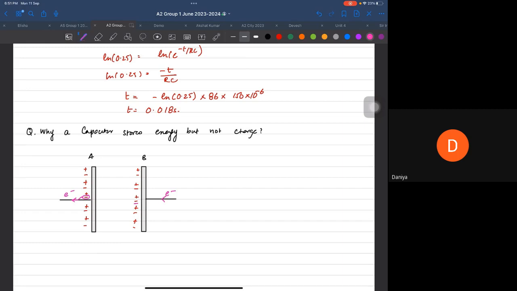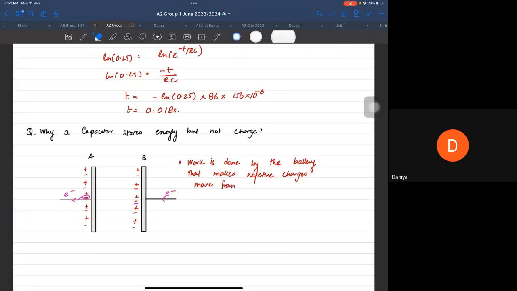So how would we write this? Number one, work is done by the battery that makes negative charges move to plate B. I'm talking about this particular part.